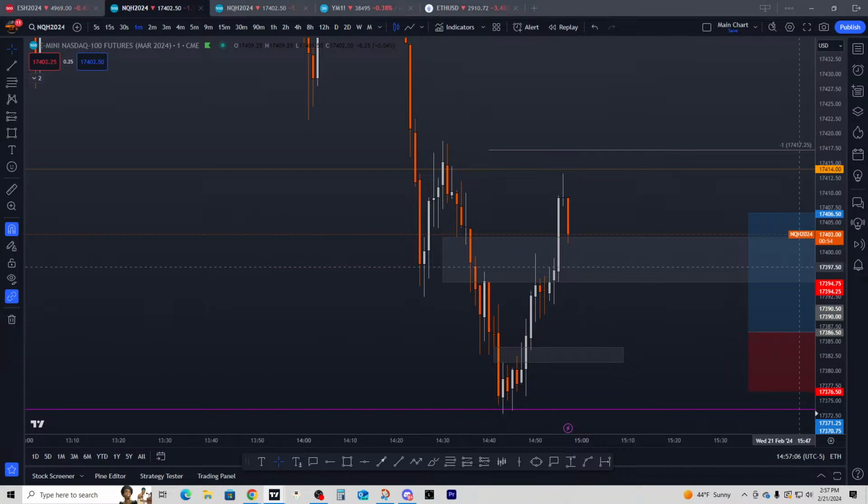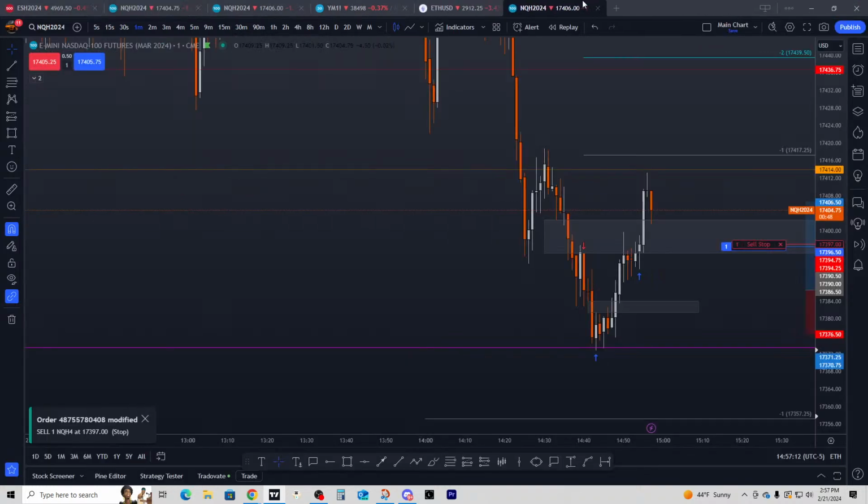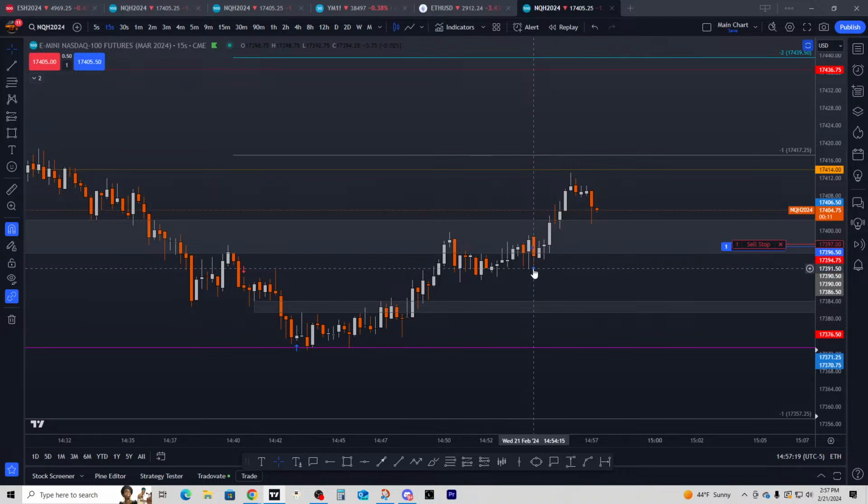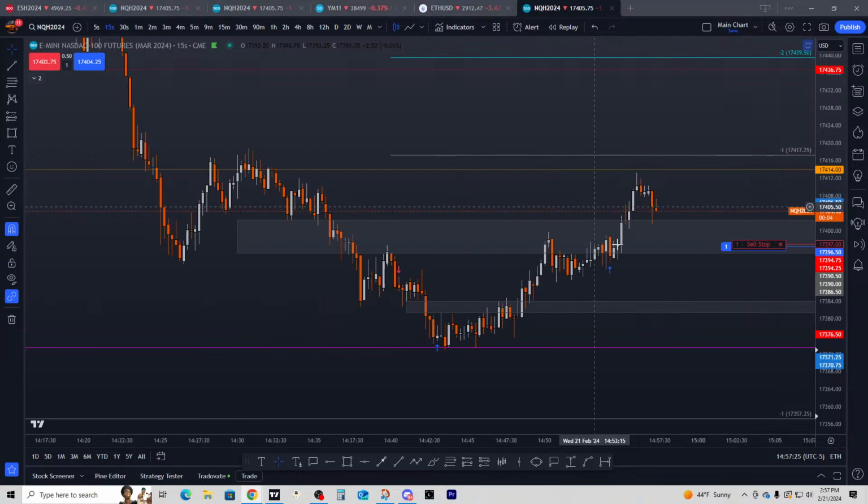Let's see, my stop might get out at break even on the paper account here. I traded this one on the paper. Took the buy here based on that 15-second inversion that we had. So we pulled back down after this closure. Took the buy, and then we started trading back up higher here.